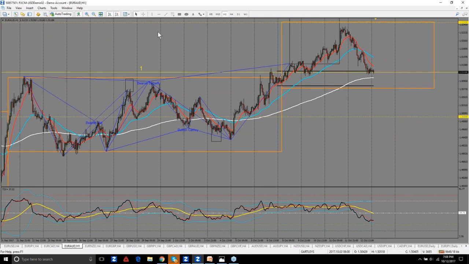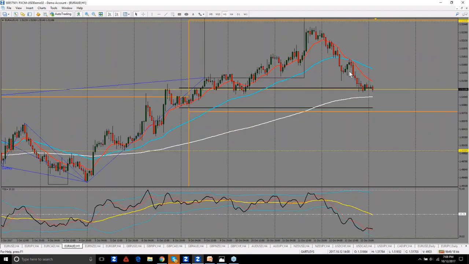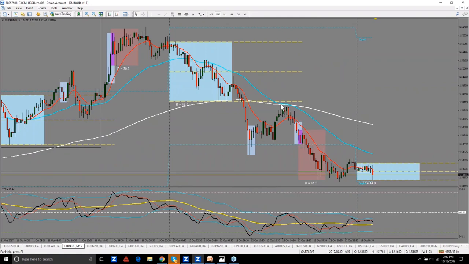Okay, now, maybe I'll tell you that right now. When you see this pullback, you see how it touches the 13 EMA right here? Okay, so on the 15 minutes, if it does not touch the water... okay, this one touched the water, but it's not really a setup.